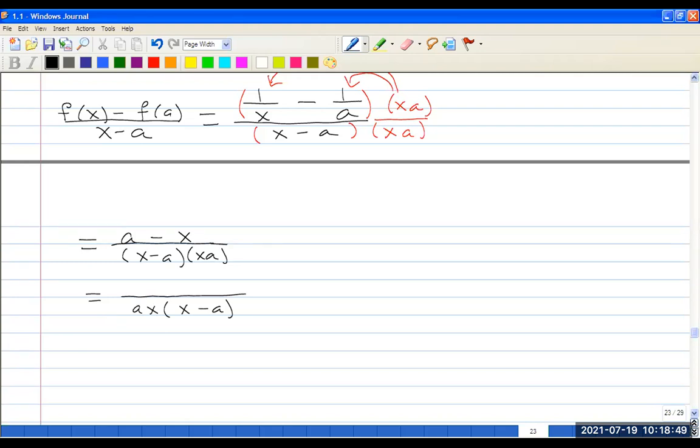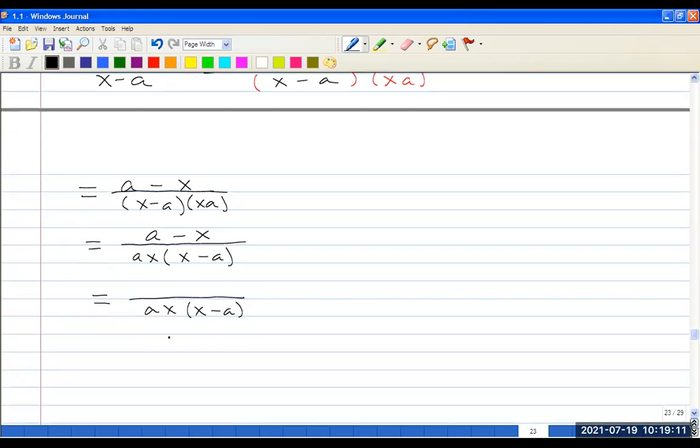Now the numerator, I could cancel these out if they were both x minus a's. So let me change the order.